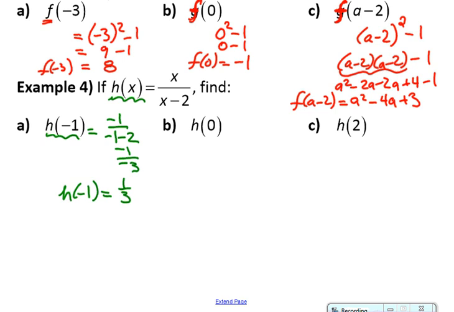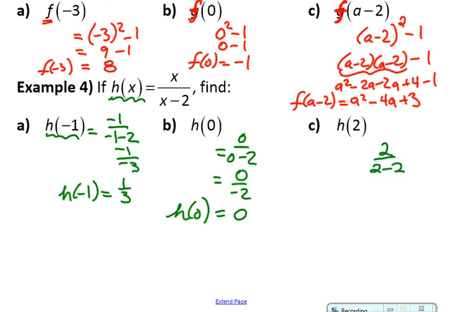h of 0 is going to give me 0 over 0 minus 2. That's going to be 0 over negative 2. And that simplifies, there's that word, h of 0 is 0. And finally, if we put in a 2, we get 2 over 2 minus 2, 2 over 0.